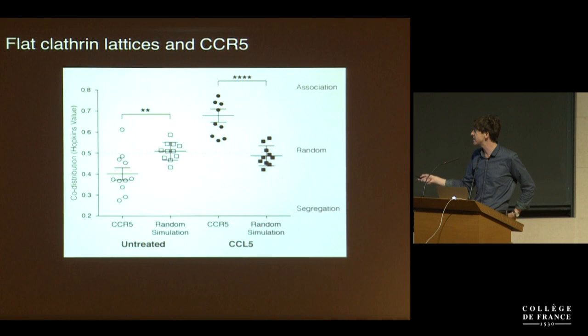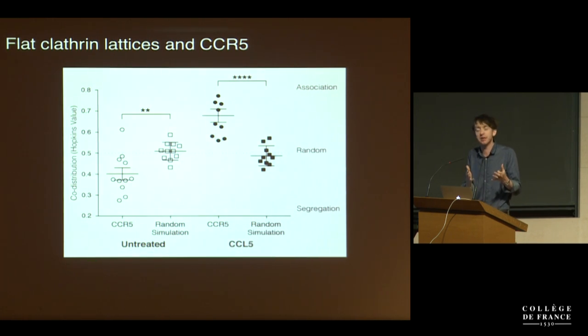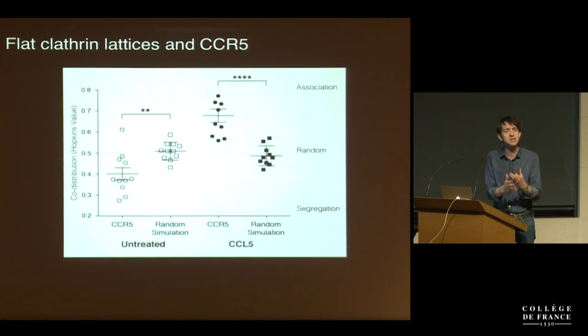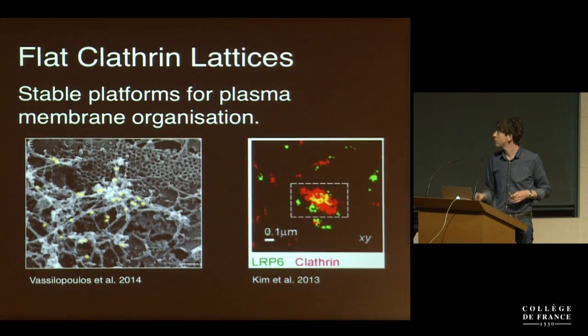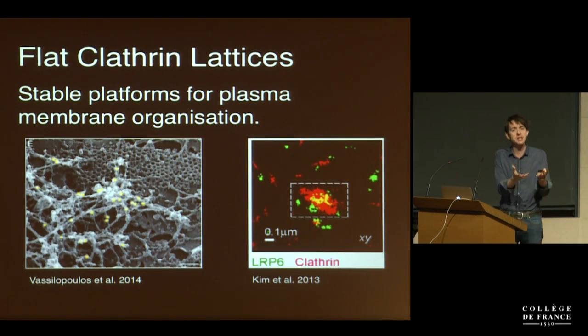Unsurprisingly, in the presence of ligand, we see distinct association of the receptor and the lattices. Surprisingly, in the untreated cells, it would seem that these flat lattices can exclude receptor. So this would suggest that these lattices provide a novel means of segregating components of the plasma membrane. So we would propose that these lattices are able to compartmentalize events occurring at the cell surface.